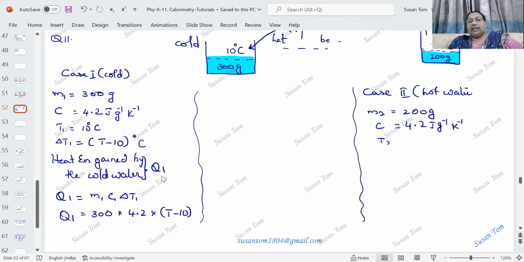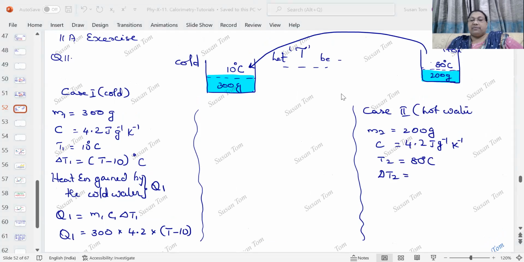And T2, initial temperature is 80 degrees Celsius. Delta T2, difference in temperature of case 2 is the meaning. So 80 and capital T, which is bigger? 80 is bigger. So the expression has to be 80 minus capital T. This much degree Celsius.